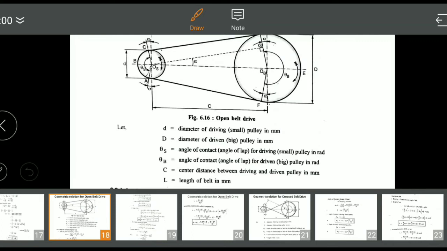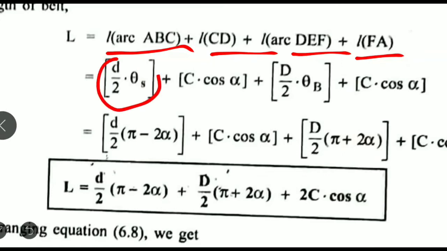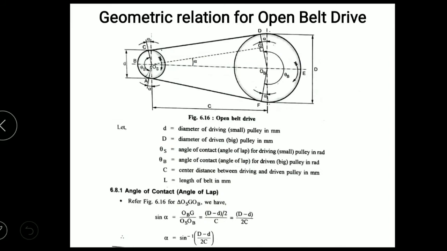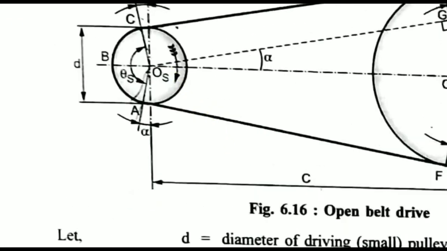So this will be the length. The same I have written here. Therefore L is equal to arc ABC plus CD plus arc DEF plus FA. One by one, arc ABC is nothing but, you can see, d by 2 into theta s. How? With respect to the angle, arc ABC, clear?